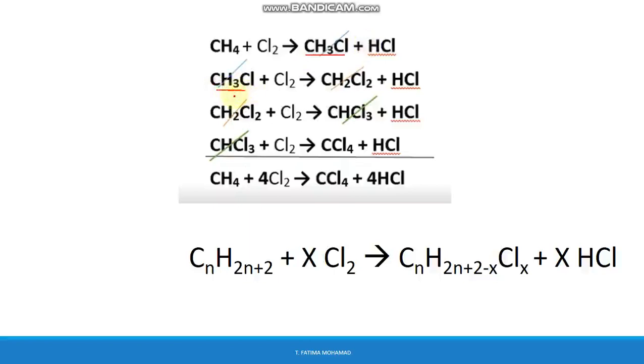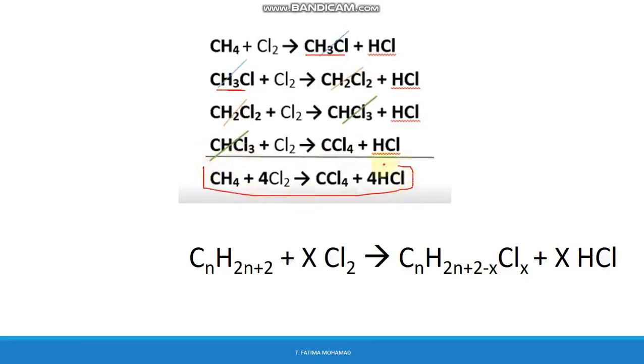Okay, so chloromethane will be chlorinated to get CH2Cl2 plus HCl, and when the chloromethane is used up, dichloromethane will undergo chlorination, etc. to finally have this equation.